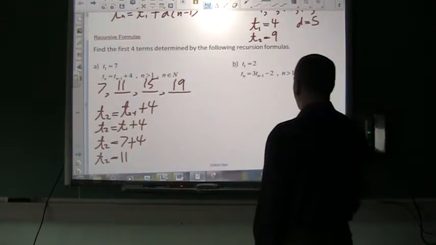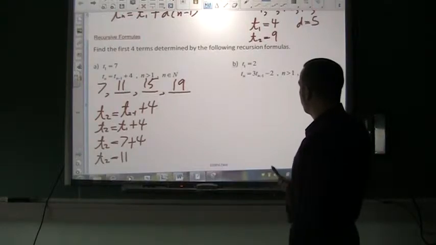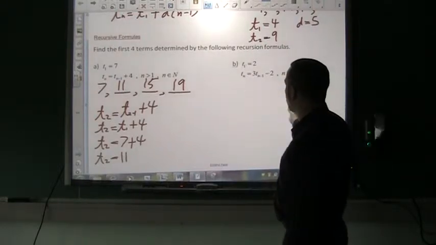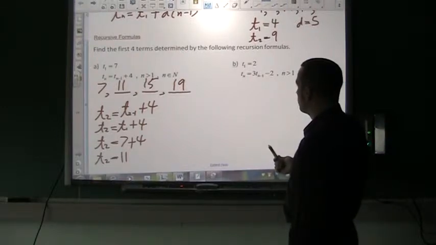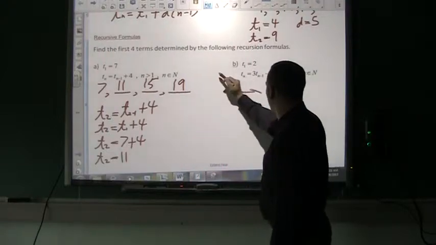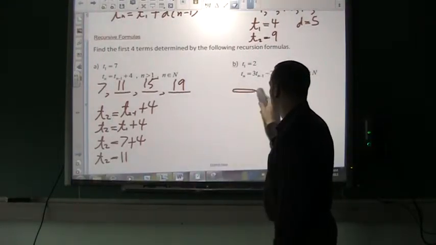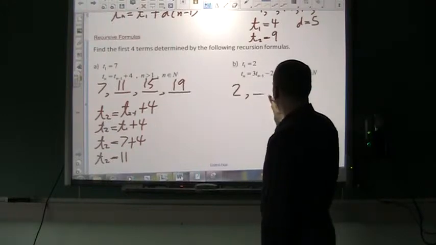Alright, our next one is a little different. This is a recursive formula. We'll see if the sequence actually ends up being arithmetic or not. My first term is 2, so we can write that down. And then I need the next 4.